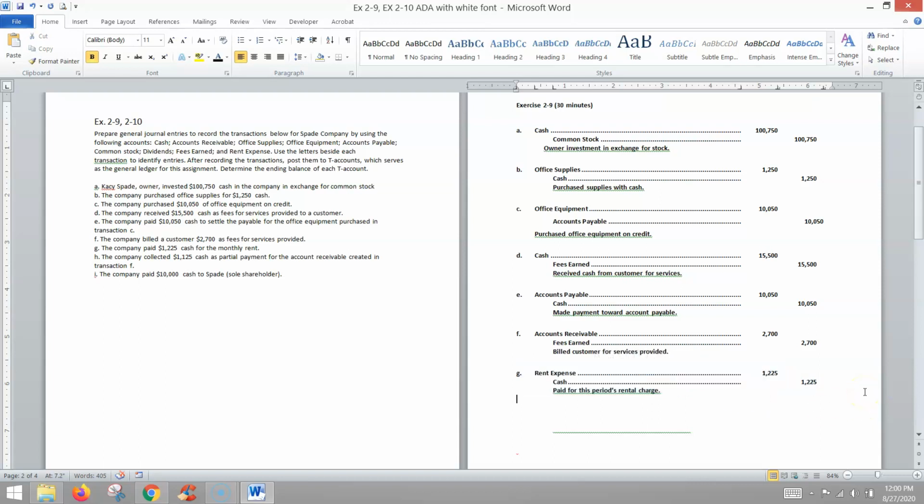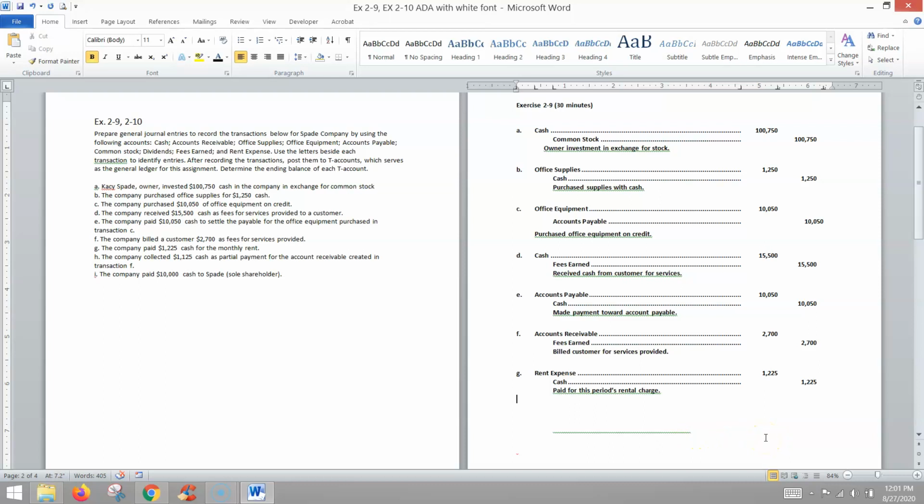In H, the company collected $1,125 cash as partial payment for the account receivable created in F. So again, F, we already recorded the revenue account. We're just recording that we are receiving part of the amount that is owed to us. So we have accounts receivable, and we're going to have cash. Cash is increasing.